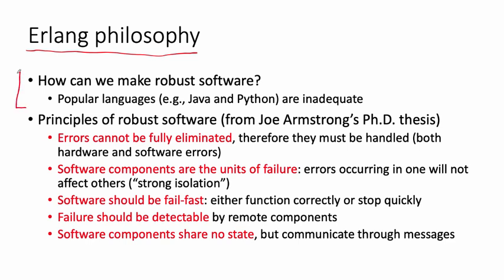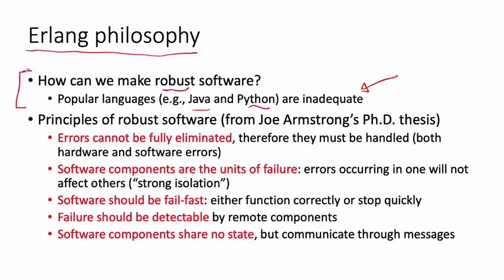So the question is, how can we make robust software that keeps running forever? Popular languages, for example Java and Python, are completely inadequate. They do not provide the mechanism necessary. From an Erlang point of view, Java is extremely unreliable. An Erlang programmer would hate writing things in Java, because it's always crashing and he cannot do anything.